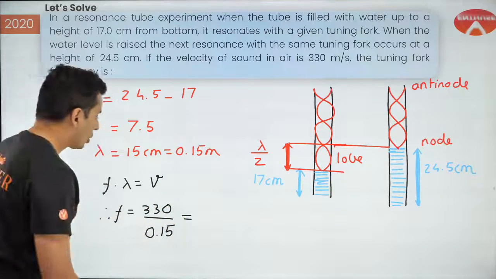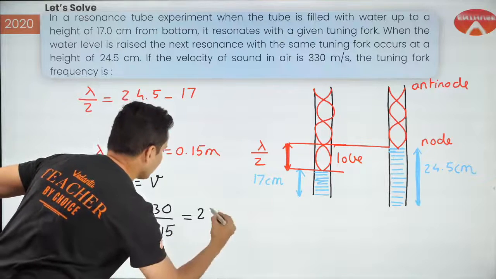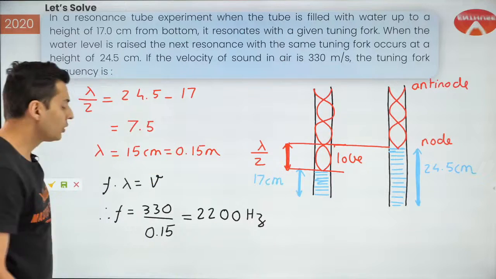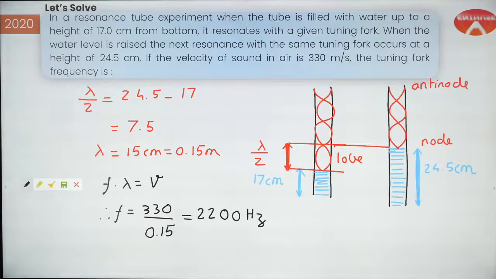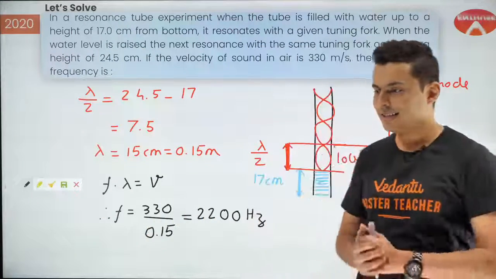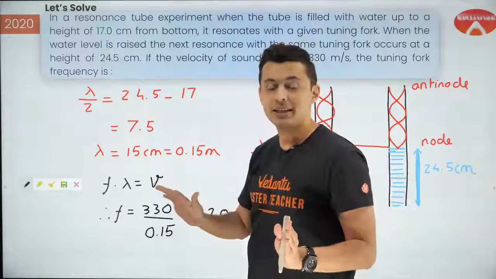So 22 times, and then you will have 2 more zeros. 22 and 2 more zeros, that many hertz. 2200 hertz. I hope this is clear. Is this understood, guys? Such a beautiful question that was asked in 2020 in JEE.